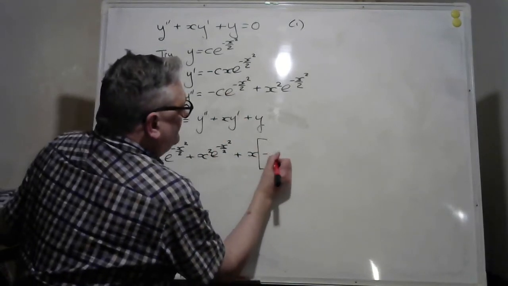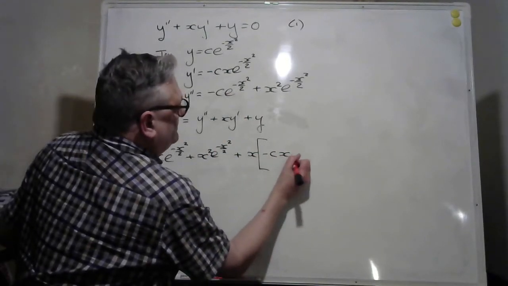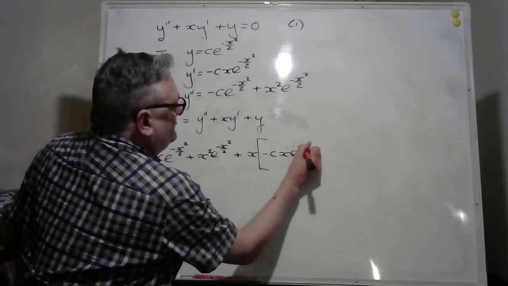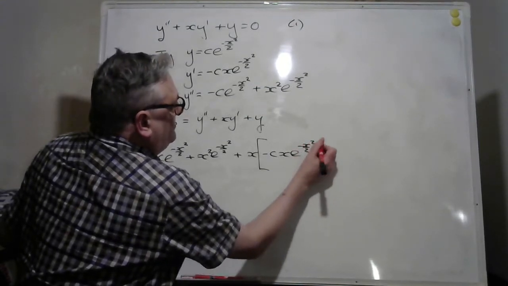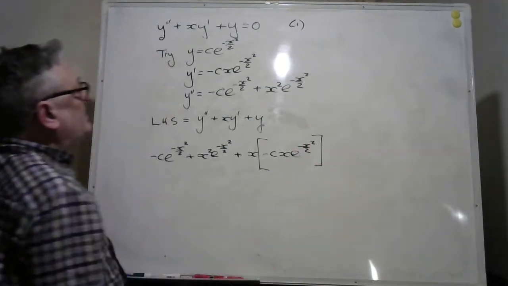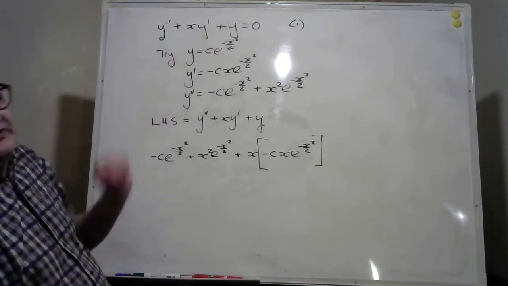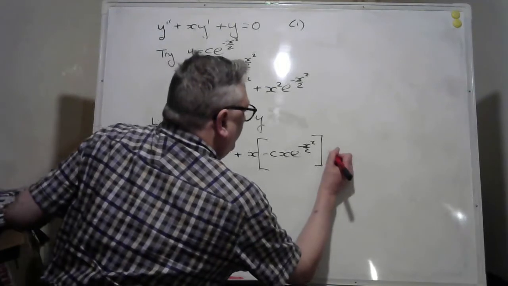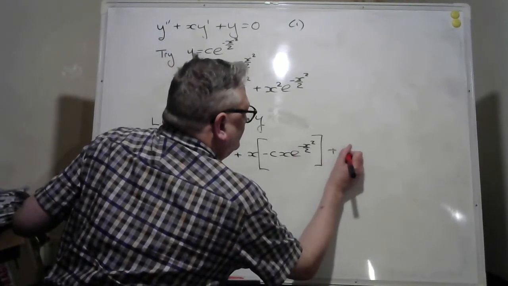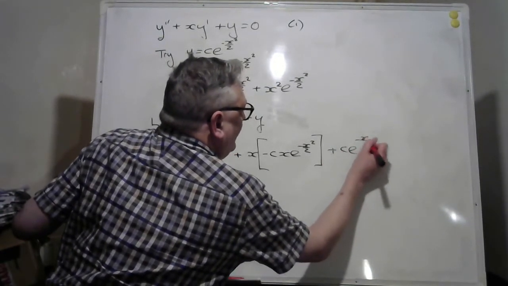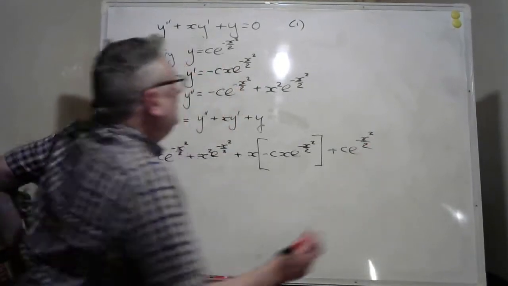So we've got minus cx e to the minus x squared over 2, and we close the bracket, and then we've got plus y, which is ce to the minus x squared over 2.